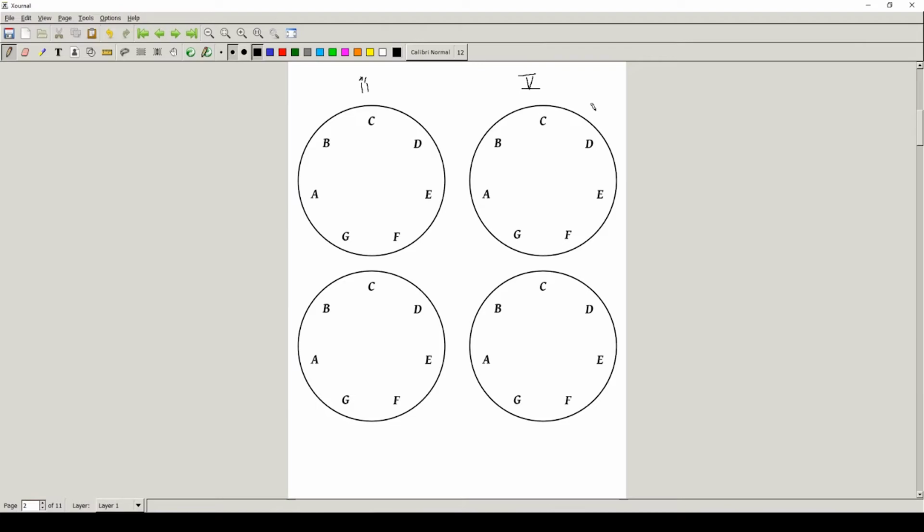And let's start by thinking just about triads. So a 2 chord in C major is D, F, and A. And then a 5 chord in C major is G, B, and D.